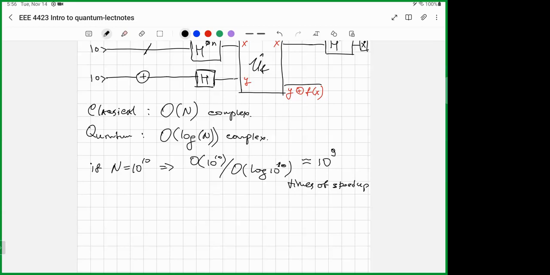So people still investigate this type of algorithm, and there are some debates around these numbers, like what's exactly the speed up.